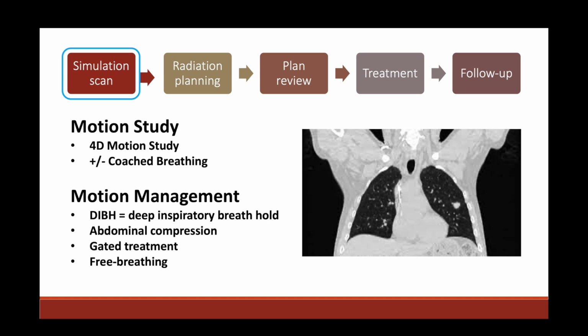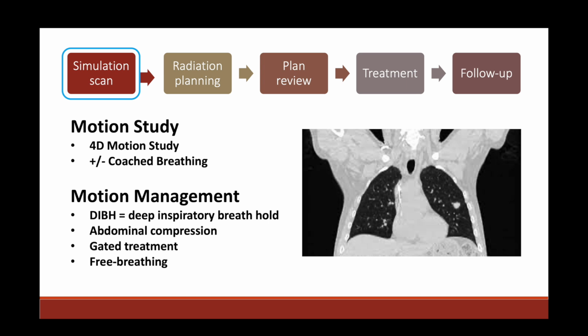And then we combine all those phases together, and then we have the information on how much the patient is moving. In order to get a smooth motion study and to smoothly bucket these CT images into various buckets of the breathing cycle, the patient needs to be breathing steadily. They need to be breathing slowly and steadily and not very erratically. This can be hard for some patients, especially patients that have underlying lung disease and older patients and things like that.